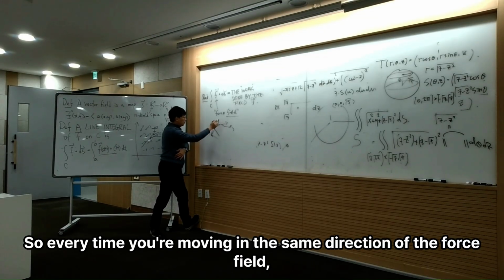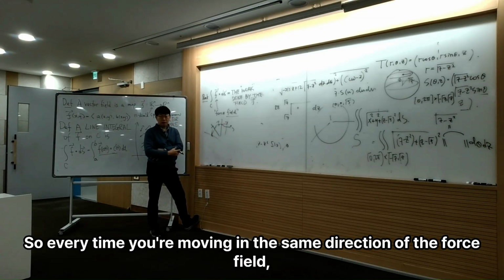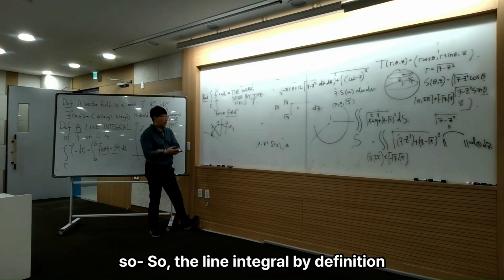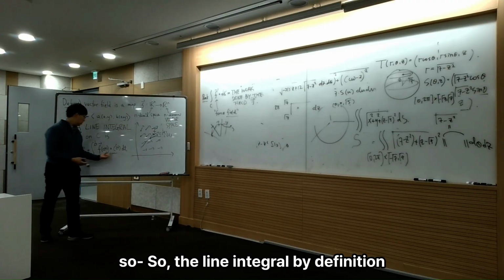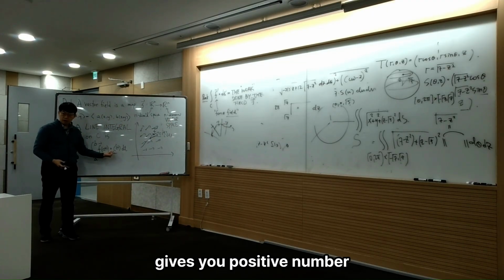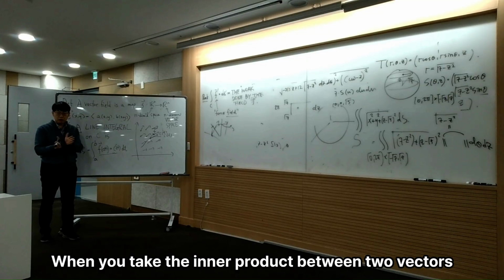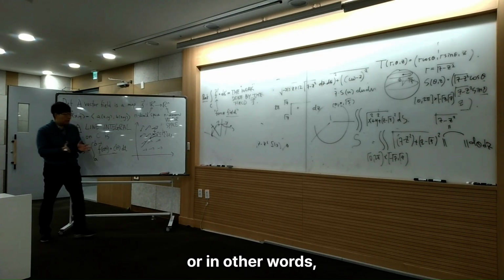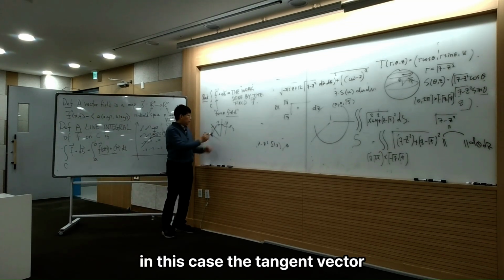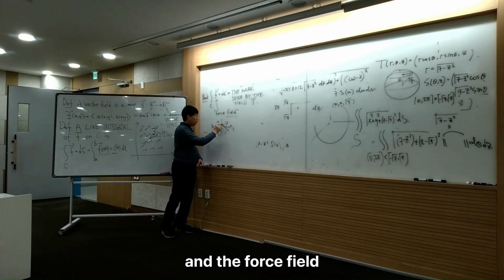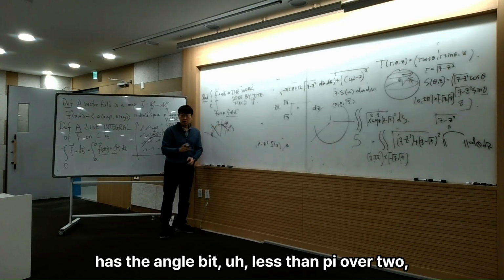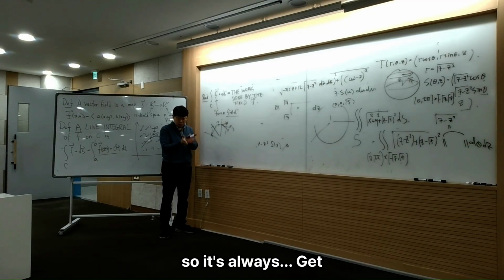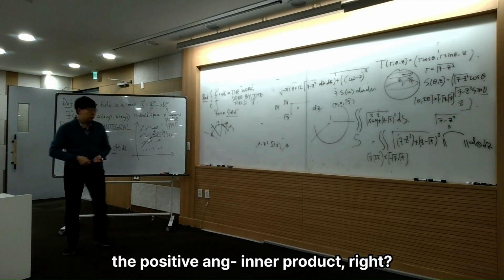So every time you're moving in the same direction as the force field, the line integral, by definition, gives you a positive number. When you take the inner product between two vectors pointing to the same side of a plane, in this case the tangent vector and the force field with an angle less than pi over 2, you always get a positive inner product, right?